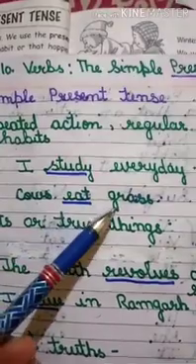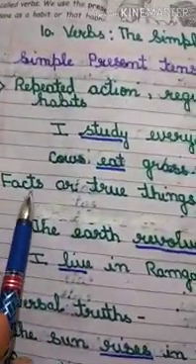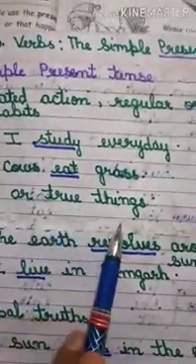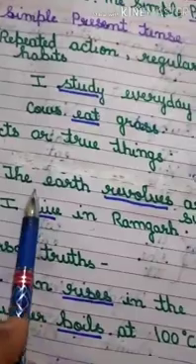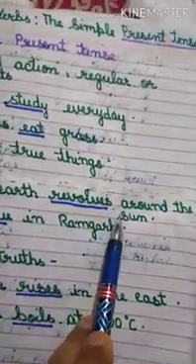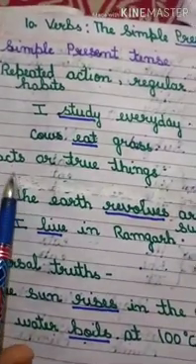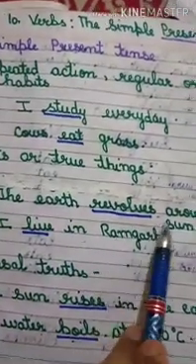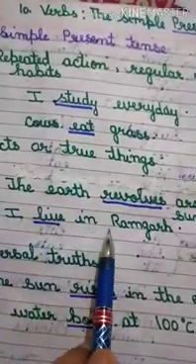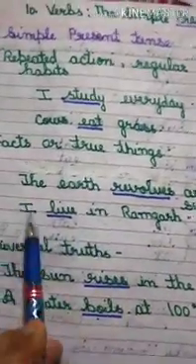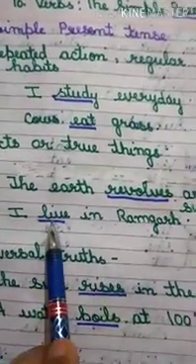Cows eat grass. So number two is fact or true things. The example is the earth revolves around the sun. This is the fact. I live in Ramgarh. So this is true things that you live in Ramgarh.